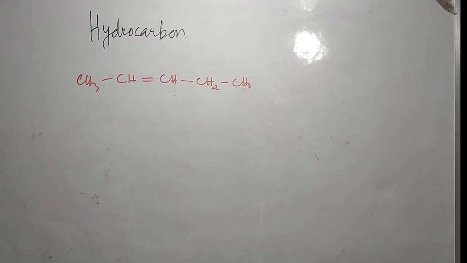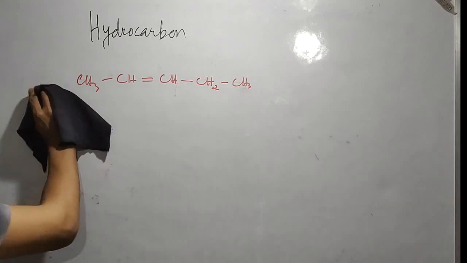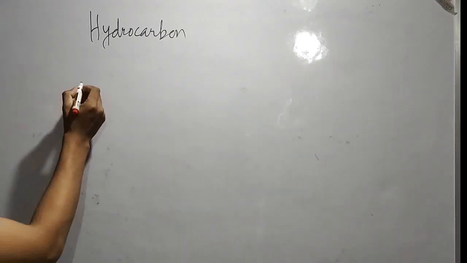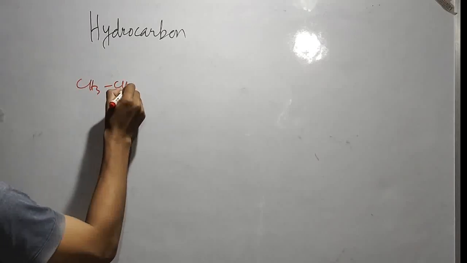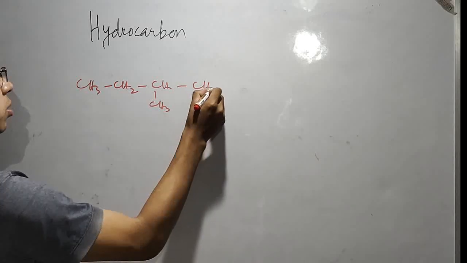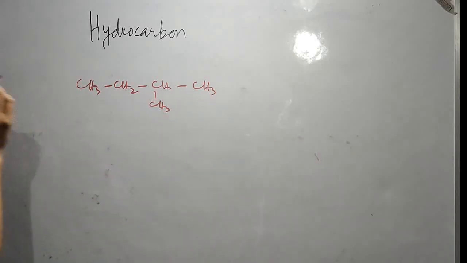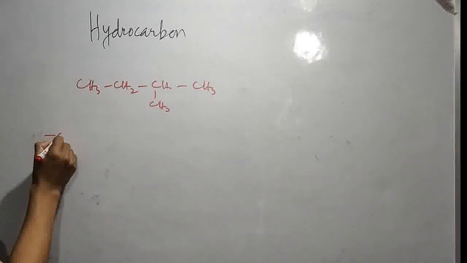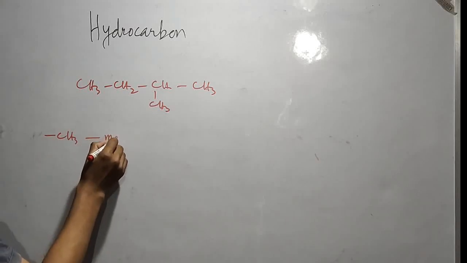Now going to the next one, that is if there is a side chain. Let us take one example: CH3 CH2 CH, then CH3, and here is also CH3. For the side chain, suppose it is CH3, then the name of this one will be methyl.